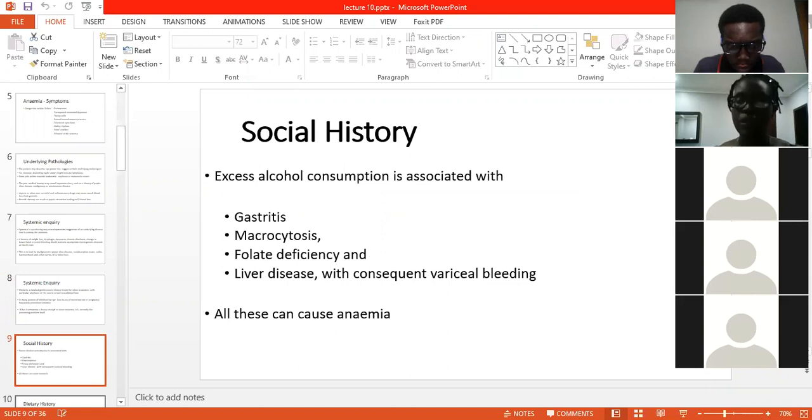It can also lead to a microcytic anemia. It can cause liver disease, which would lead to variceal bleeding. So all these things can cause anemia. So whenever you have a patient with anemia, it's also important to find out about alcohol intake.